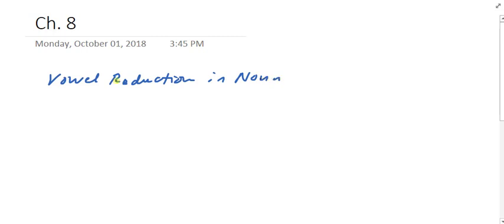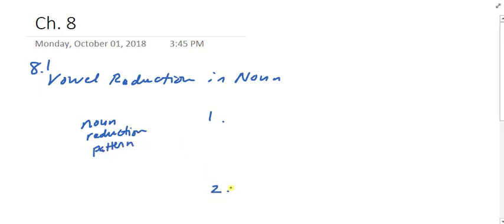Now, this is Ross 8.1 in Ross chapter 8. Here's what I want you to do. There's two paragraphs under 8.1, number 1 and number 2. To the left of number 1, I want you to write down: noun reduction pattern.